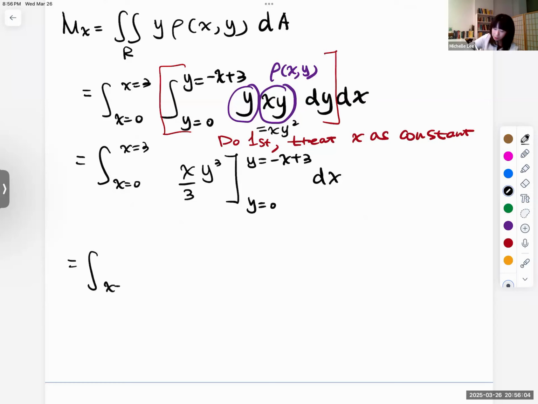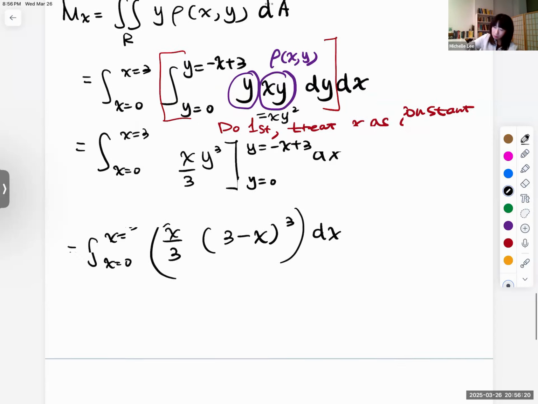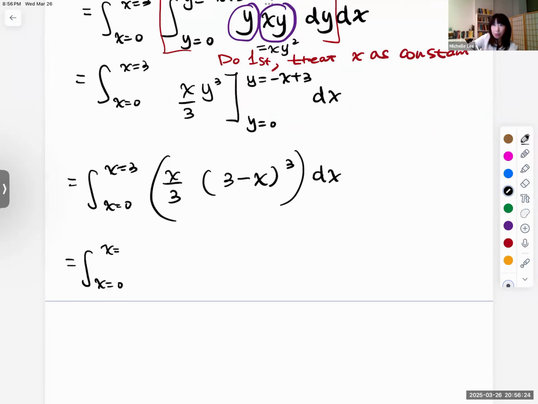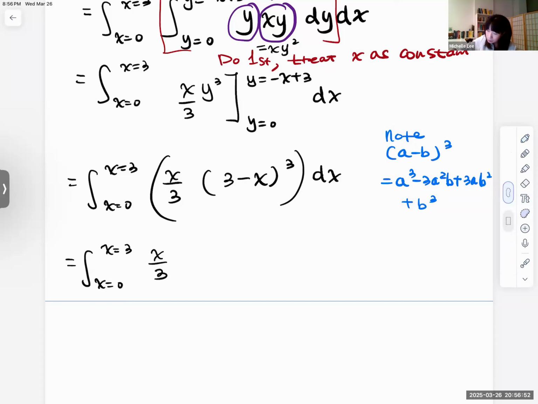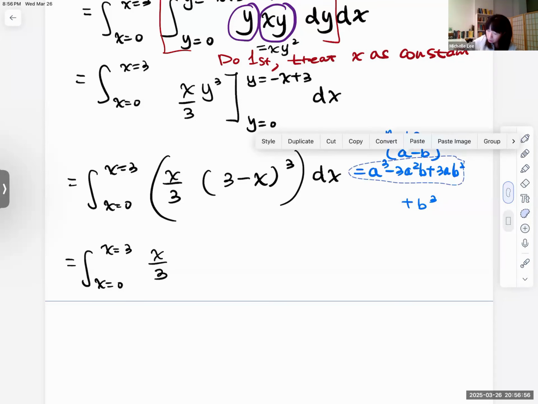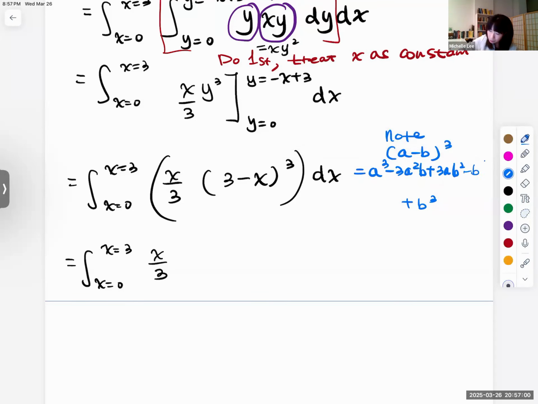Then we have x equal to 0 to 3, and x over 3 times y to the third power, so negative x plus 3, to the third power dx. Let's use the formula (a minus b) to the third power equals a to the third minus 3a squared b plus 3ab squared minus b to the third power. It's negative because it's the third power.